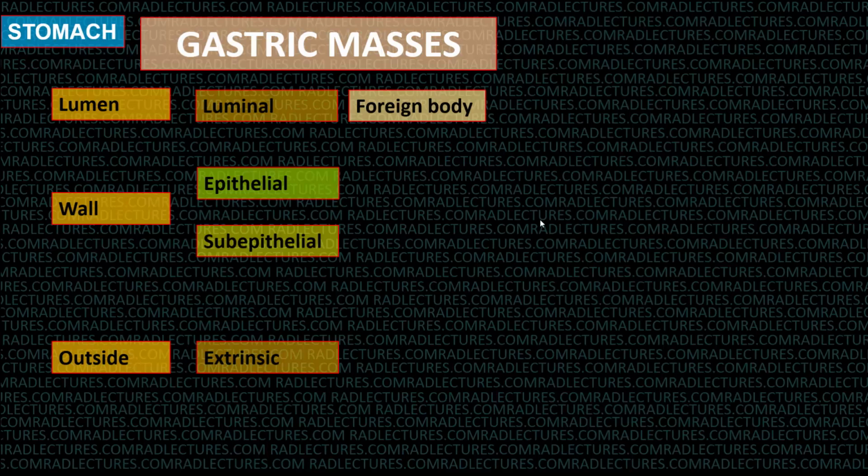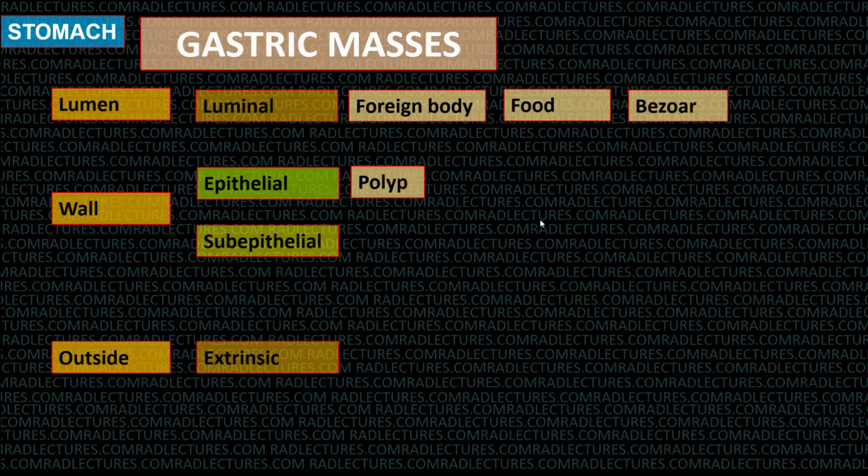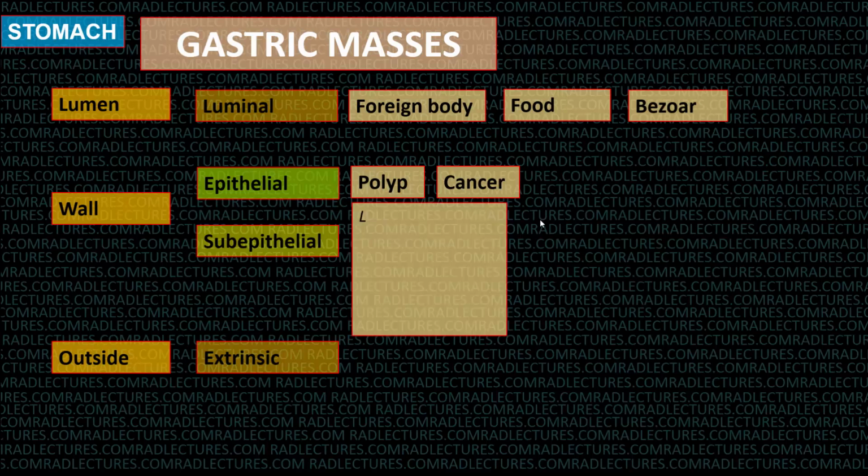Luminal masses can be due to foreign bodies, food, or bezoar. These are the filling defects. Epithelial filling defects can be because of polyps, which are benign, or carcinoma, which is malignant.